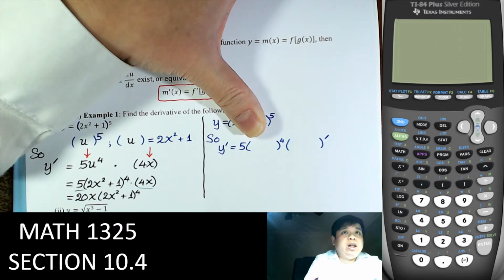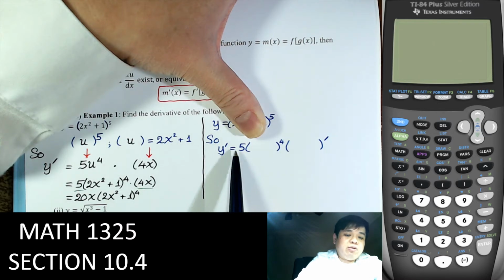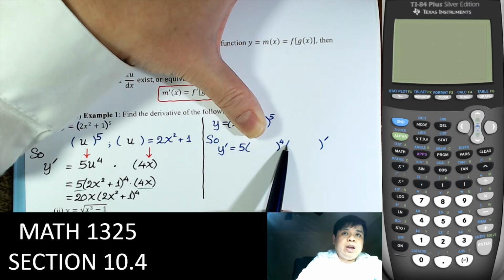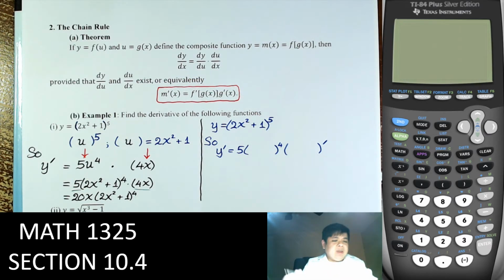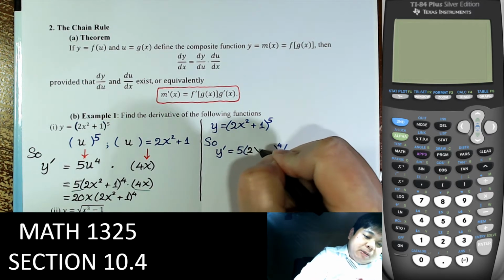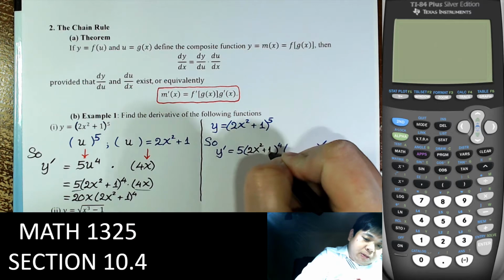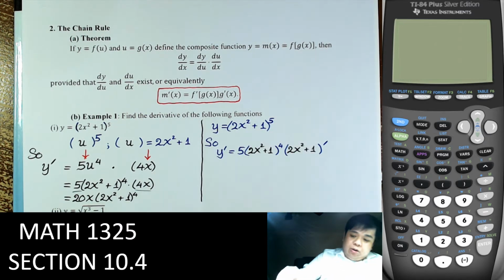Doesn't matter what's in the parentheses. The derivative of something to the fifth is 5 times that to the fourth. And then the chain rule says multiply by the derivative of the parentheses. This doesn't matter what's inside the parentheses. Now inside the parentheses happens to be 2x squared plus 1. Right?